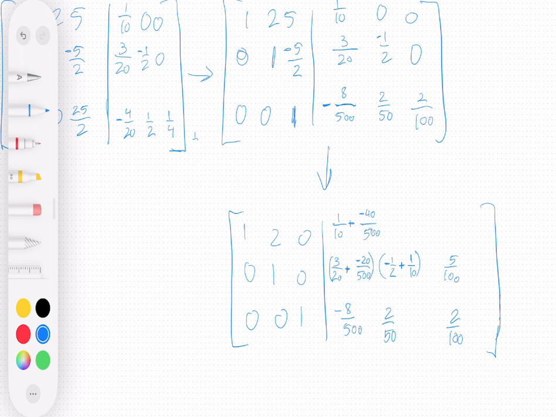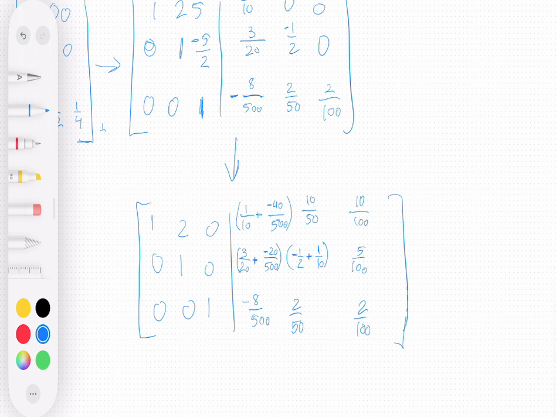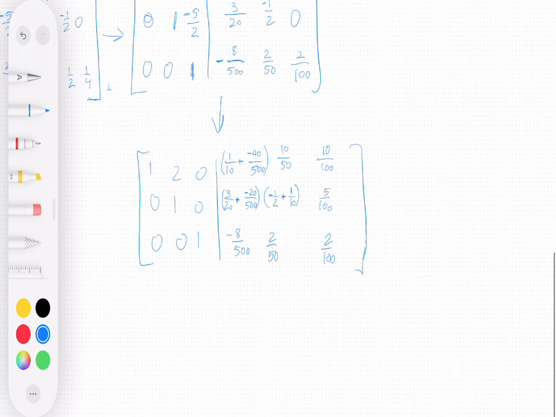Then the rest are just straightforward, just multiplying by 5. So 10 over 50, and that'll be 10 over 100. And then we can go ahead and simplify those real quick before we go on, because these are some hefty fractions.